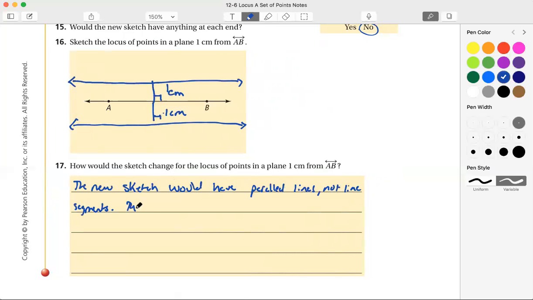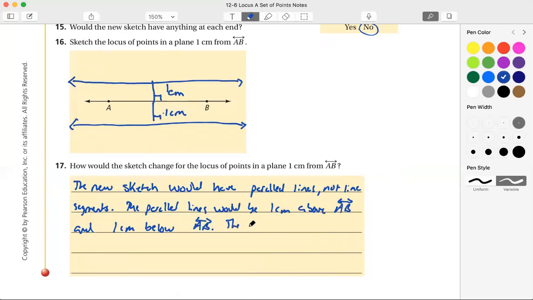The parallel lines would be 1 centimeter above line AB and 1 centimeter below line AB.